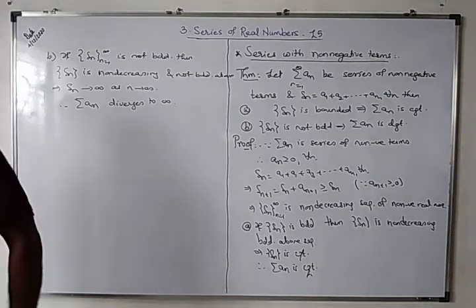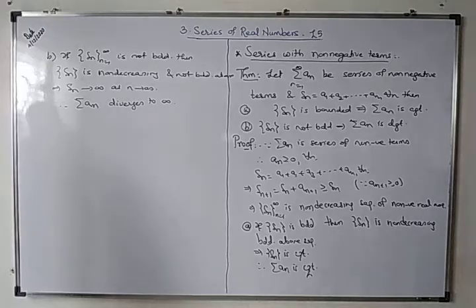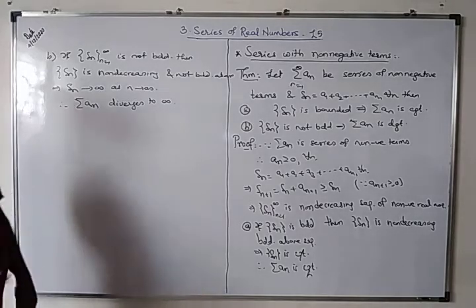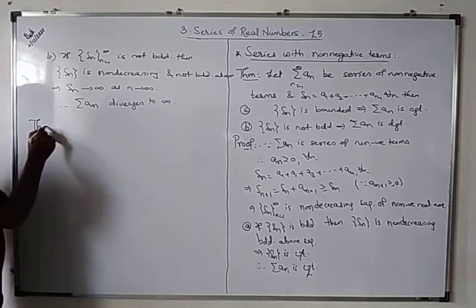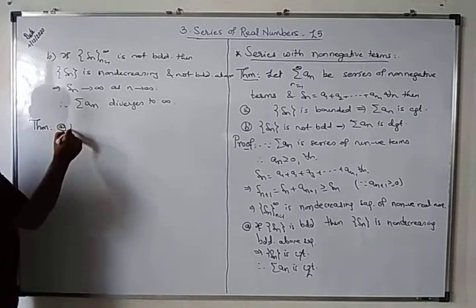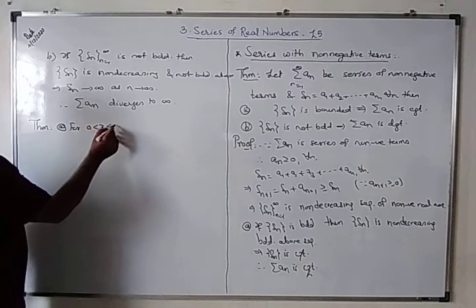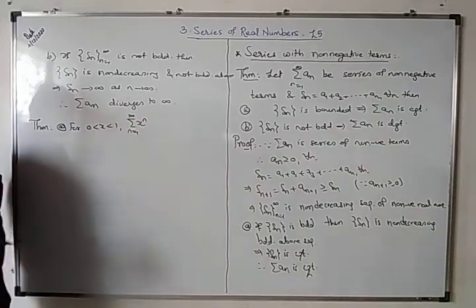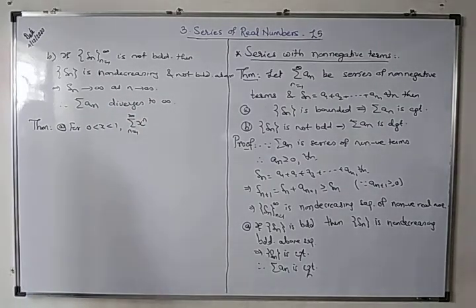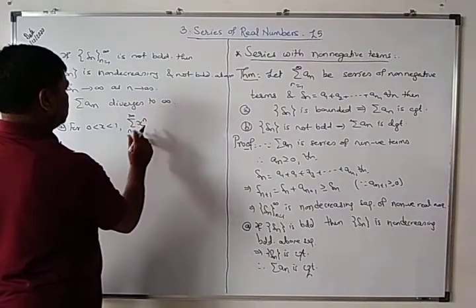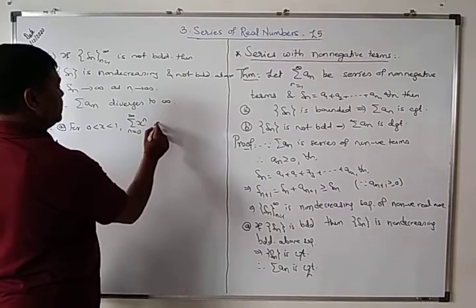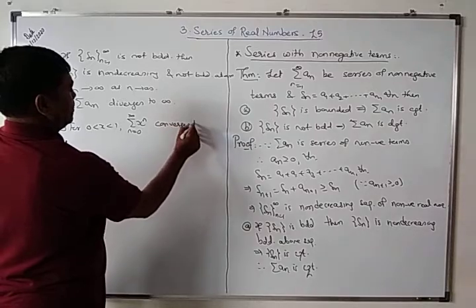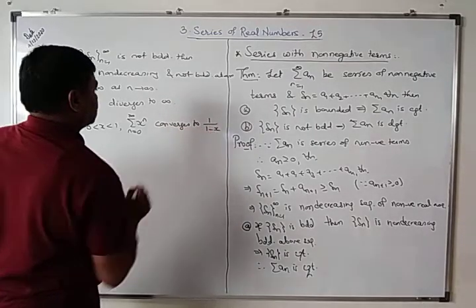Theorem. (A) For 0 less than x less than 1, summation of x raised to n, n equal to 0 to infinity, converges to 1 upon 1 minus x.